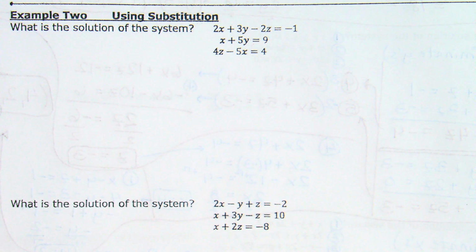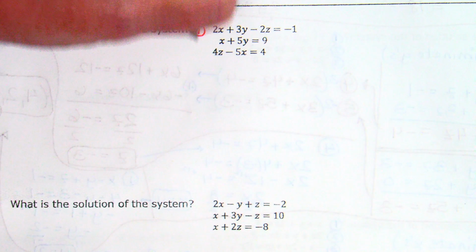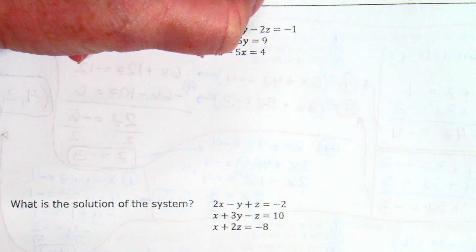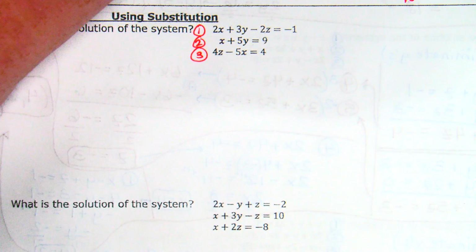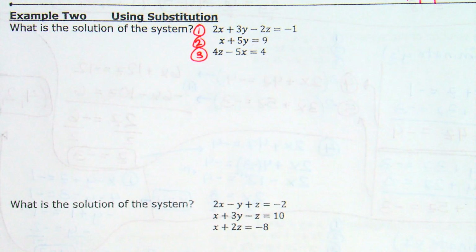Some things aren't changing. The first thing I'm going to do is number these equations 1, 2, and 3. Again, that's for organizational purposes and just being able to refer to them by some numbers. If you think back to substitution, when we had just 2 equations, do you remember what the first step was I always had you do?